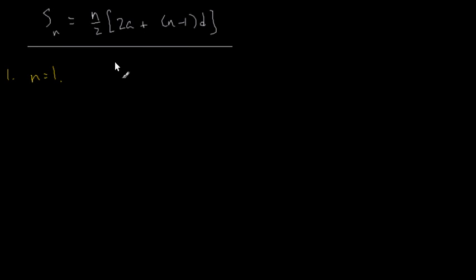Well, let's write it out. When n is 1, I have S1, and there's a 1 over 2 there, and then I have a 2a here, plus (n minus 1), n is 1, so 1 minus 1 is 0. So half of 2a, which is a. When n is 1, the sum is a.